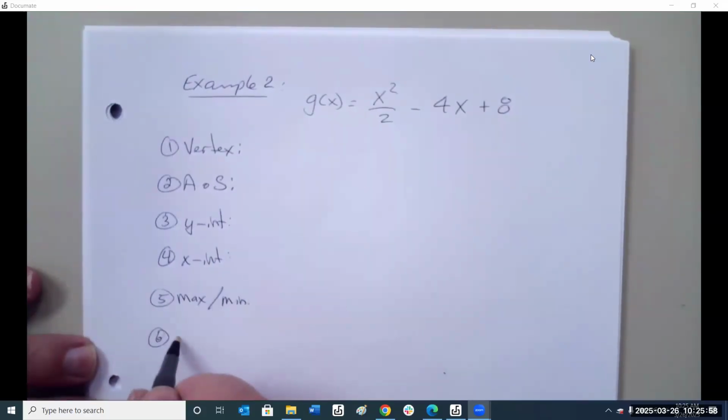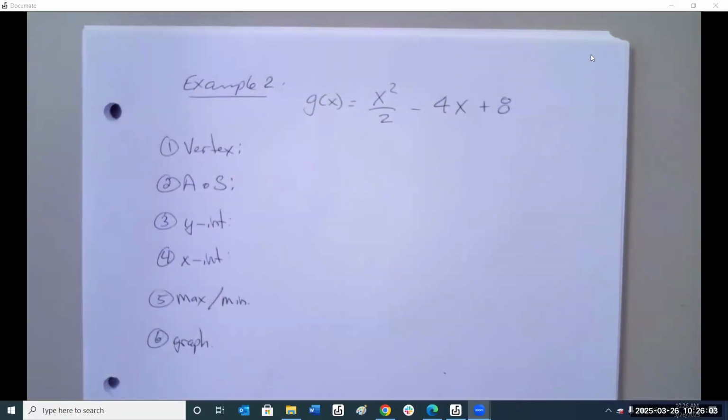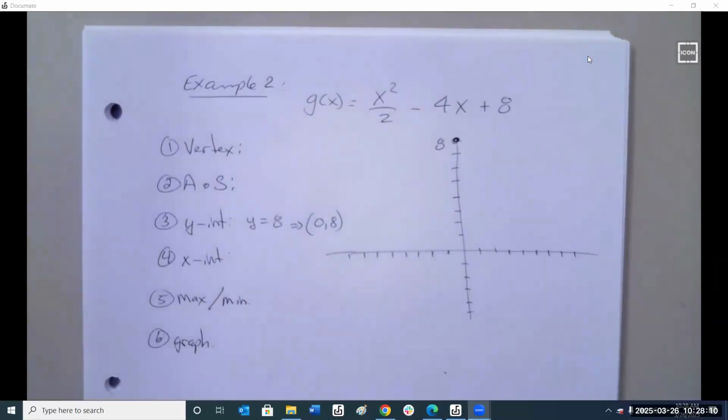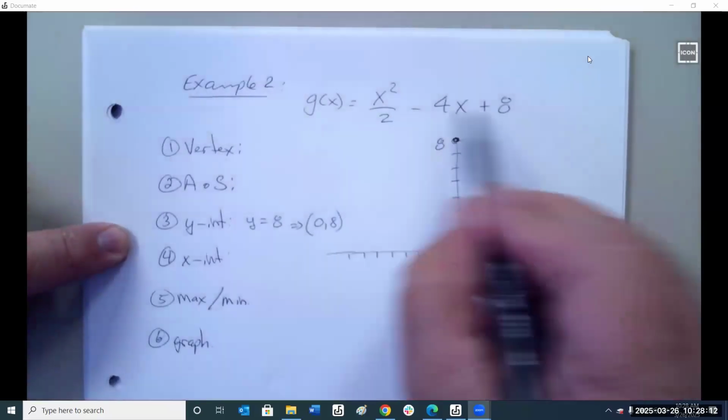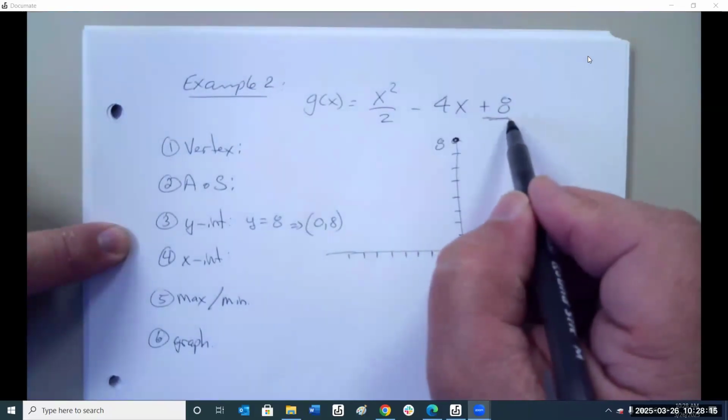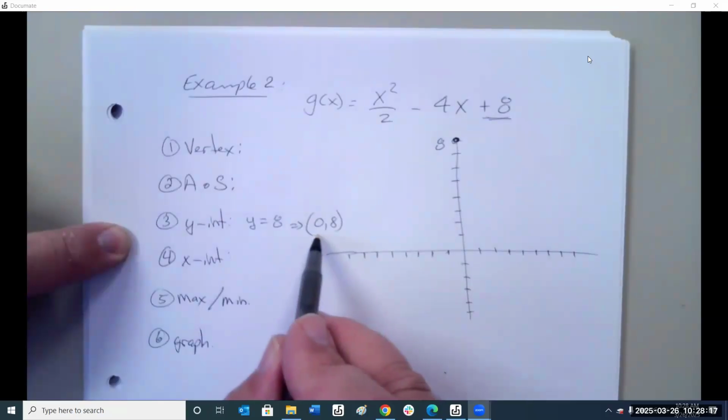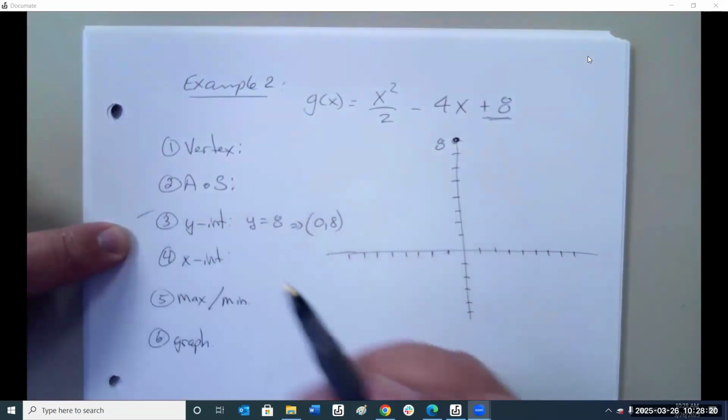And then let's look at the graph. We know from looking at the equation, since this is in standard form, this is your y-intercept. So it's at the point 0, 8. That was the easy one.